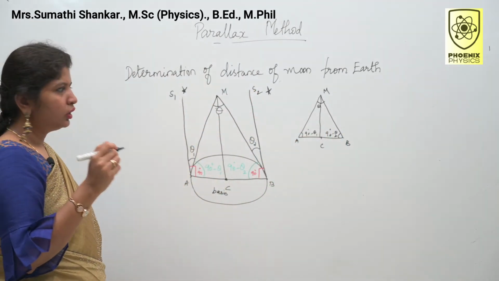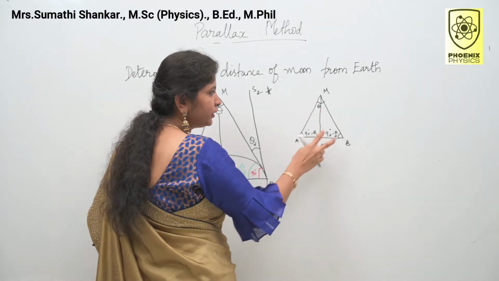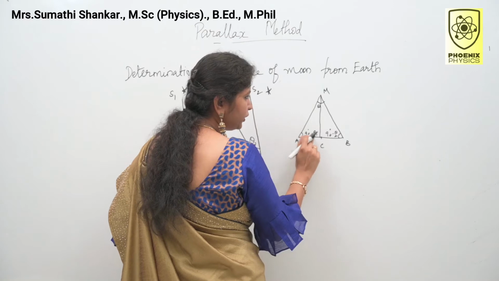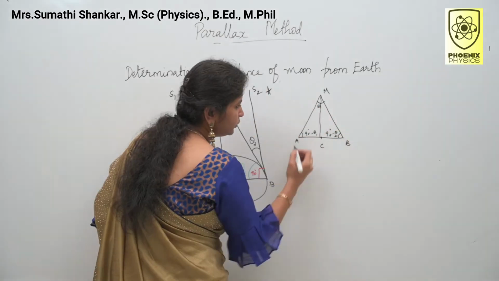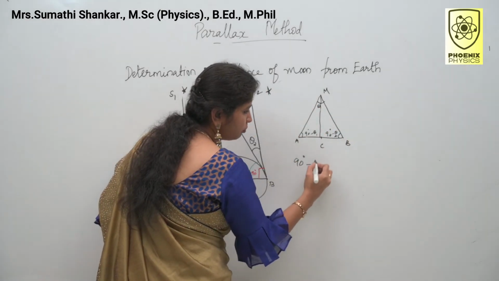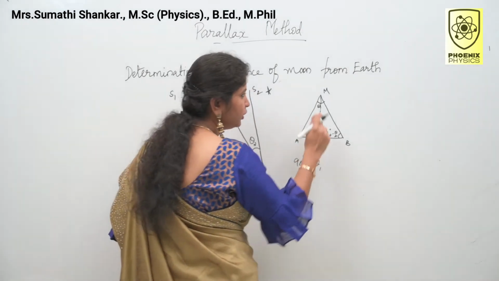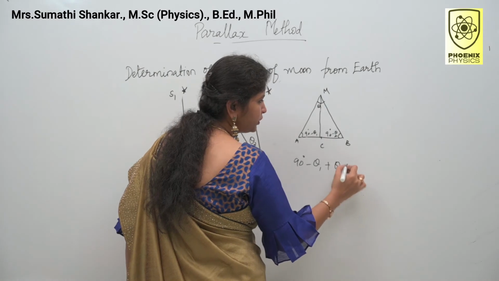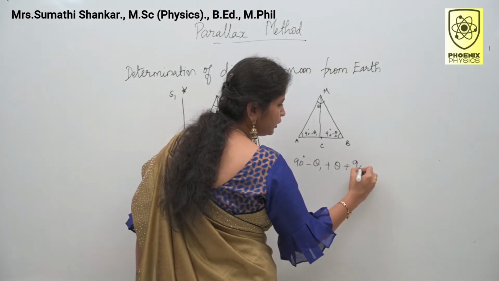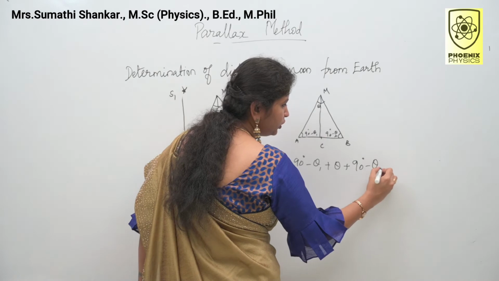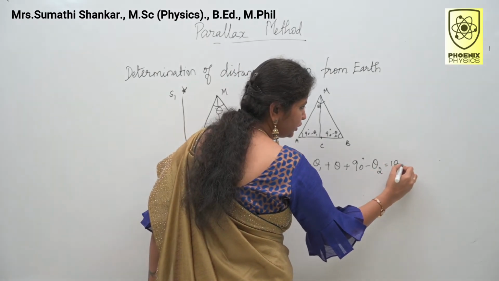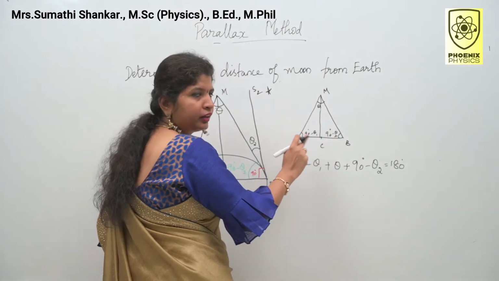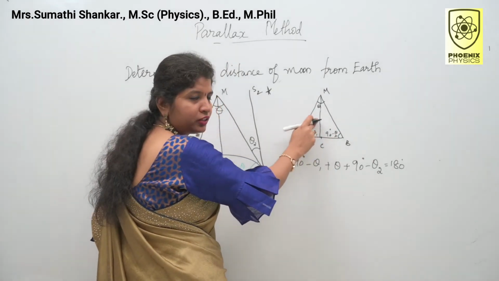You know the rule, the sum of three angles in a triangle is 180 degrees. So this is one angle, 2, 3. 90 degrees minus theta 1, this angle plus theta, plus this angle, 90 degrees minus theta 2, is equal to 180 degrees.